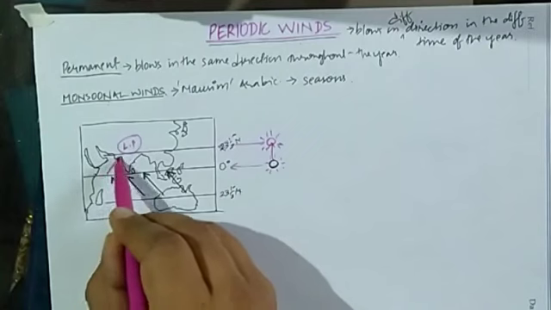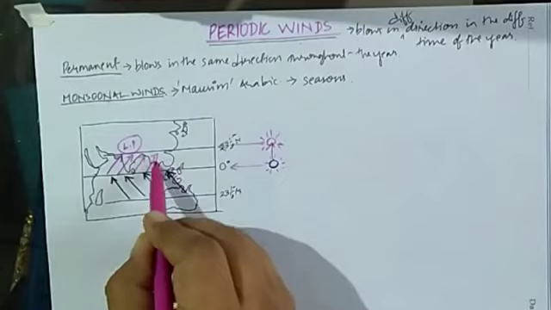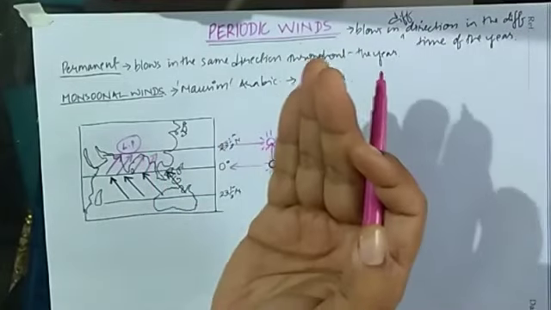As a result, these winds will enter the Indian subcontinent because of their deflection towards the right.